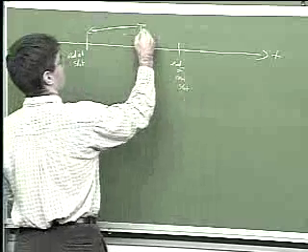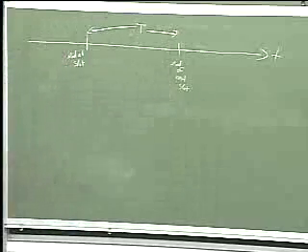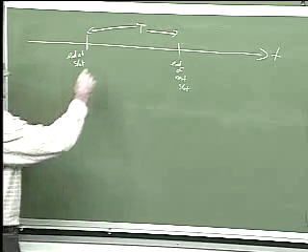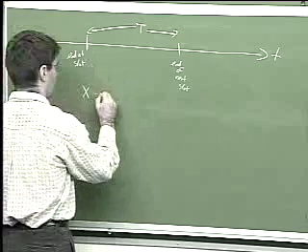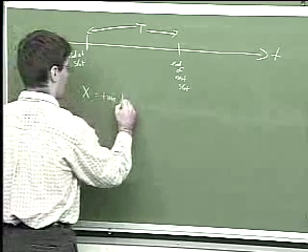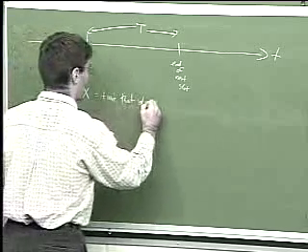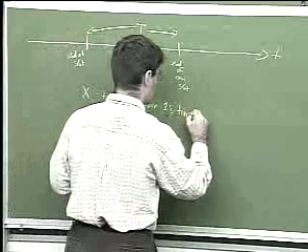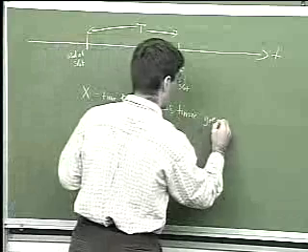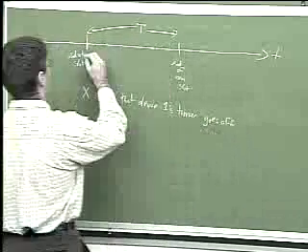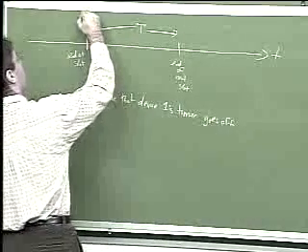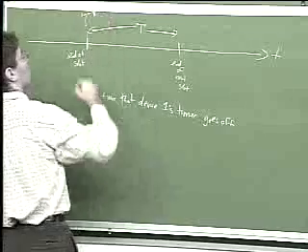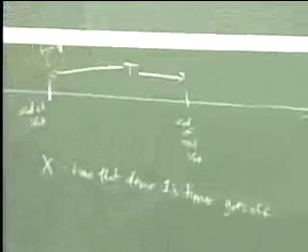That distance is capital T. Okay, and let x be the time that device 1's timer goes off. So this happened to be the time that I was calling t plus s minus capital T, just to match up with what's above there.